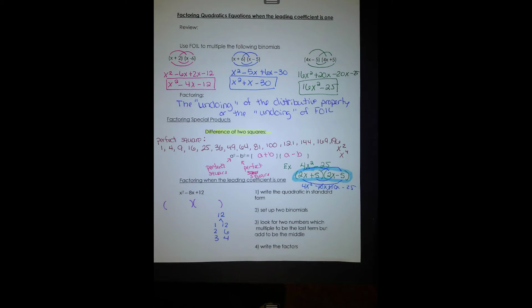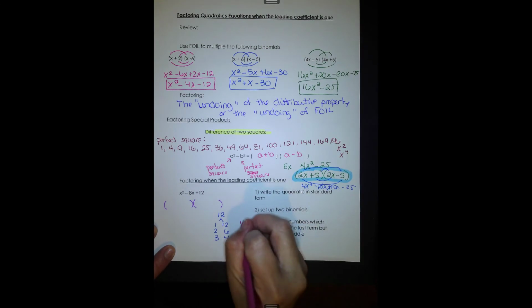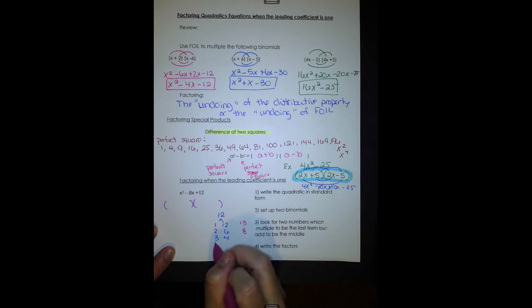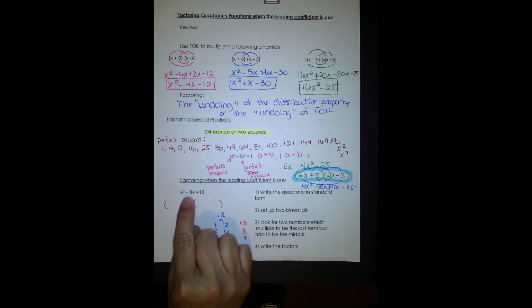However, if we added those together, 1 plus 12 is 13, 2 plus 6 is 8, 3 plus 4 is 7. But notice we're wanting to get this to be -8.